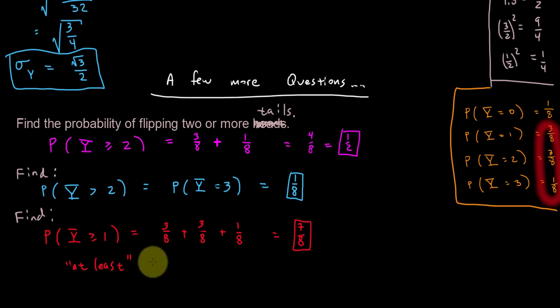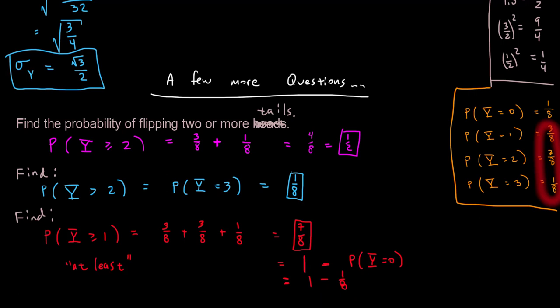So we could have written this is equal to all the probabilities except the probability for 0 tails, which would have been 1 minus 1/8, and that is the same solution.